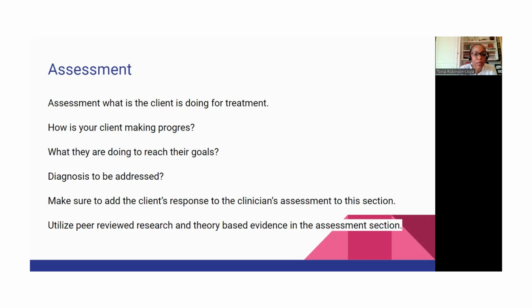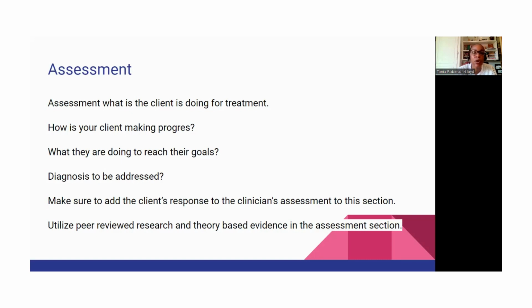Okay, utilize peer-reviewed research and theory-based evidence in the assessment section. So this is something I noticed interns do not do at all, right? Being able to refer to, for example, Erikson's psychosocial developmental stages so that you could understand what stage your clients might be at and what their struggle might be as they try to understand their worlds.